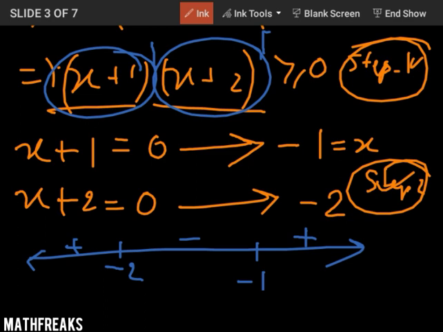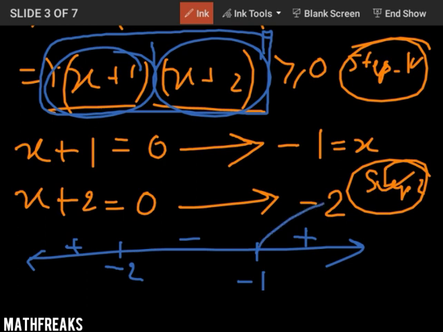Now see, this is greater than or equal to 0, right? So we have to take the positive side, since this is greater than 0. So this side and this side.